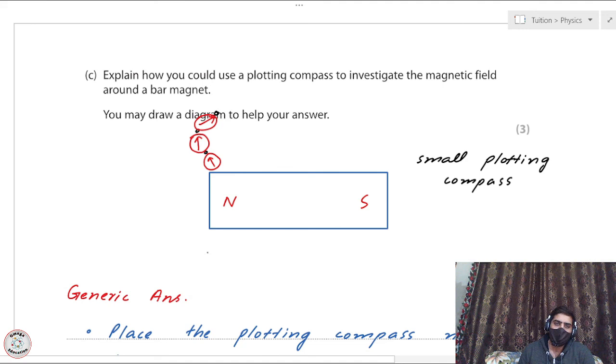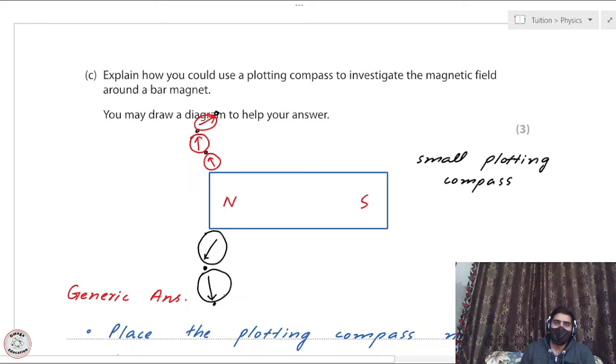If you have a big plotting compass, let's say it looks like this, then you draw a dot over here, another probably over here.